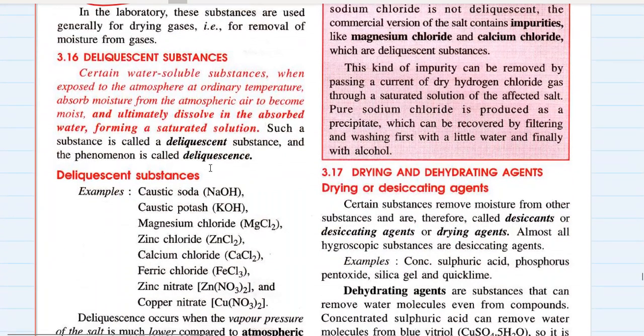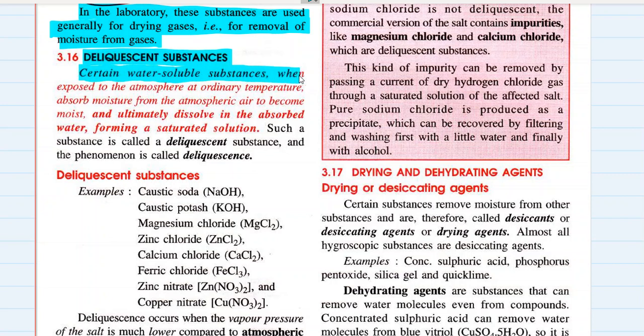Okay, let's go to the next kind of substances. Here they have mentioned that in laboratory, these substances are generally used for drying gases, for removal of moisture from gases. That way I just gave you an example. Next term is deliquescent substances. What are deliquescent substances?